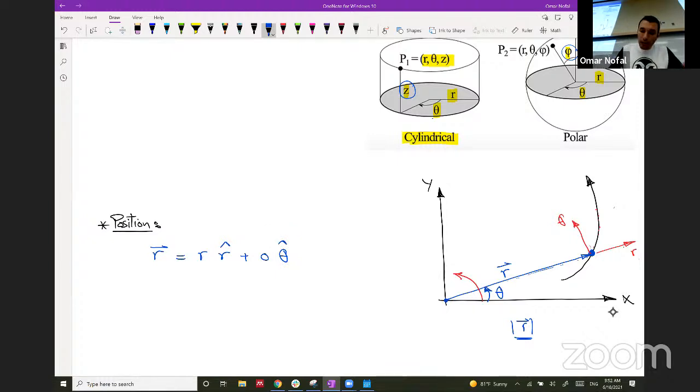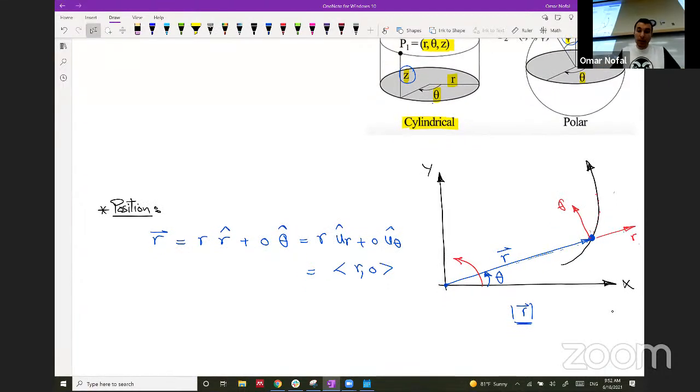We might write this as r u_r hat plus 0 u_theta hat. Both should be the same. Sometimes it's faster to write it like this, r and 0. We know that the first one is in the r direction, and the second one is in the theta direction.